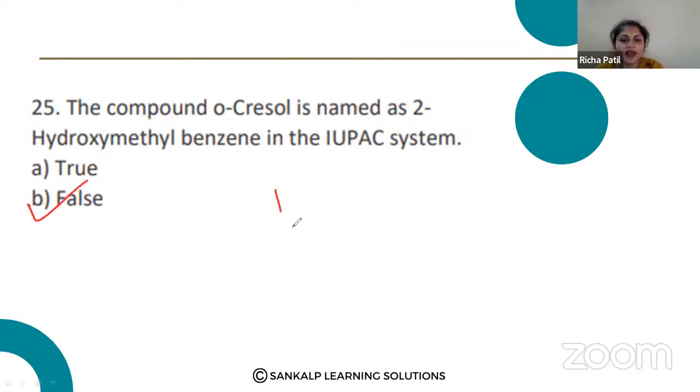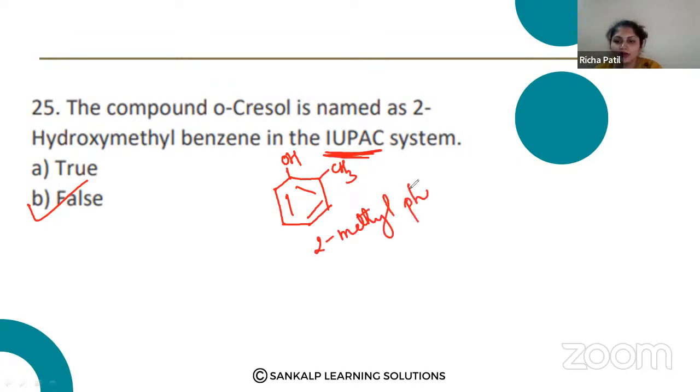Why? In orthocresol, with respect to the oxygen, at the ortho position you have your methyl group. So the IUPAC name of this is 2-methyl phenol. So it is false.